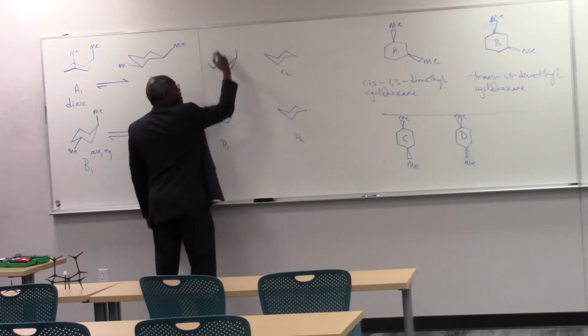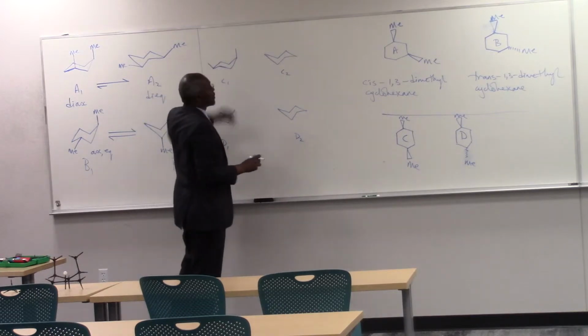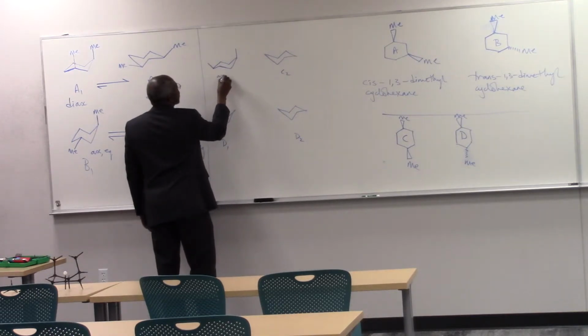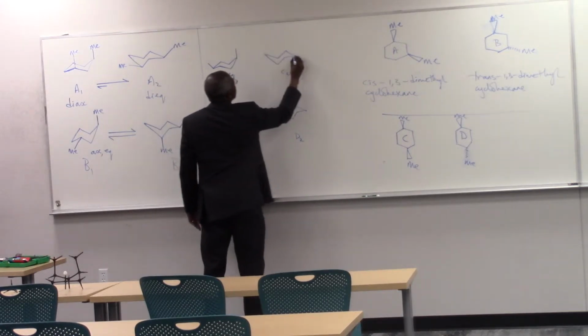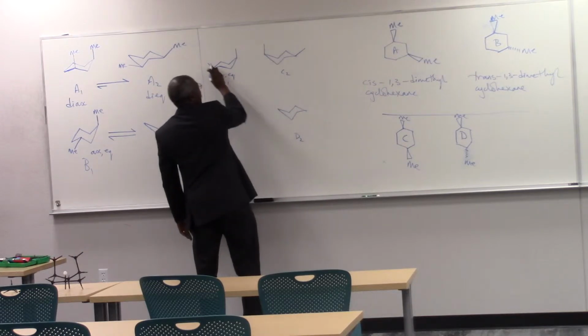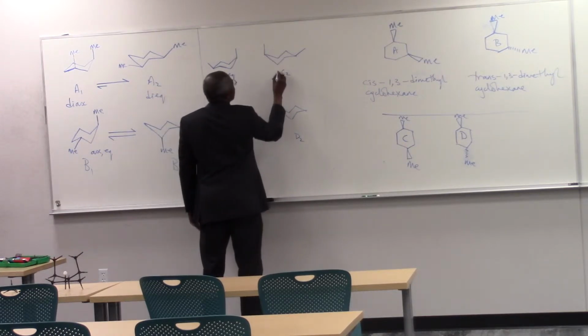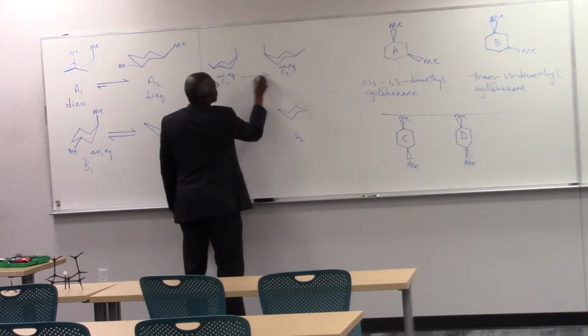Because they have to be the same side, this will be equatorial. So they're both pointing up. This is an ax-eq conformer. When the ring flips, axial becomes equatorial, equatorial becomes axial, what goes up remains up, and this is also an ax-eq conformer. So these should be degenerate.